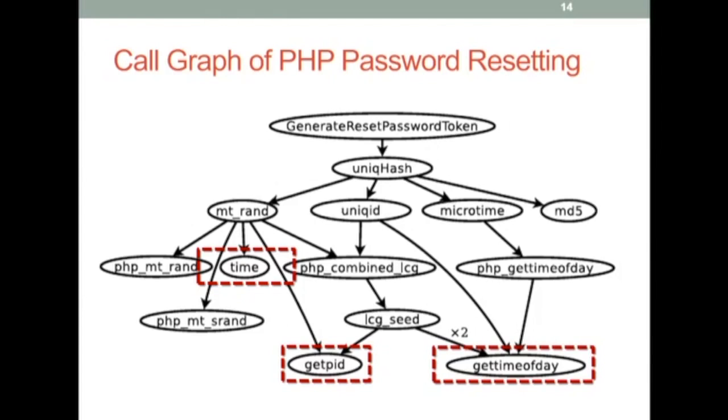So PHP applications usually only use gettimeofday or the time function as a source of entropy to generate the pseudo random numbers. Let me show you how to use the Flush+Reload side channel to predict the random number generated here.